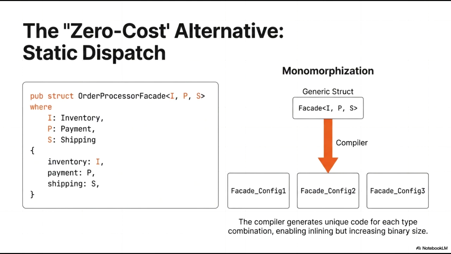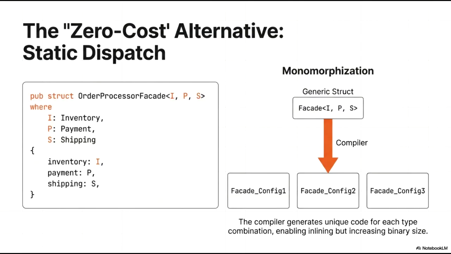Rather than relying on runtime lookups via trait objects, this approach uses a process called monomorphization. During compilation, the compiler examines every instance where this generic struct is used with concrete types. It then generates unique, specialized versions of the code for each specific type combination, shown here as different configurations like FacadeConfig1 and FacadeConfig2.